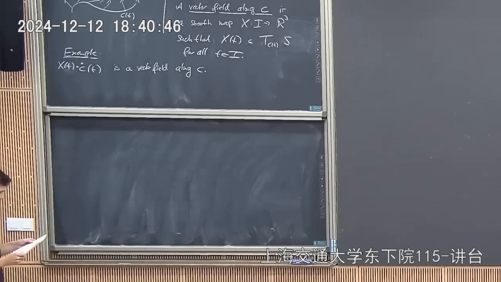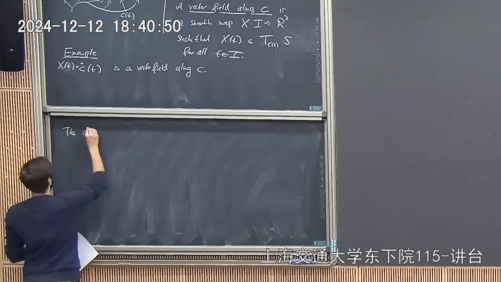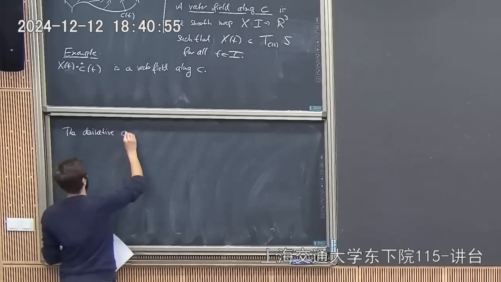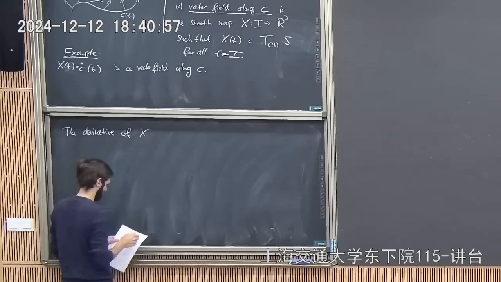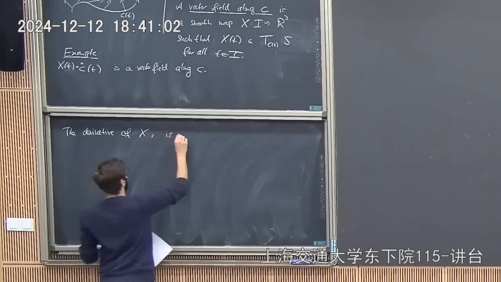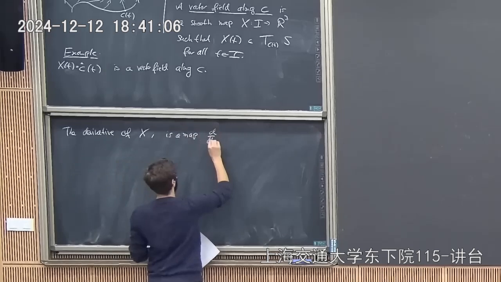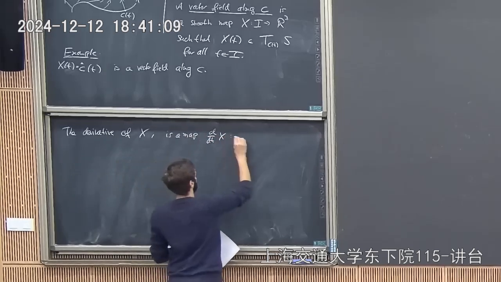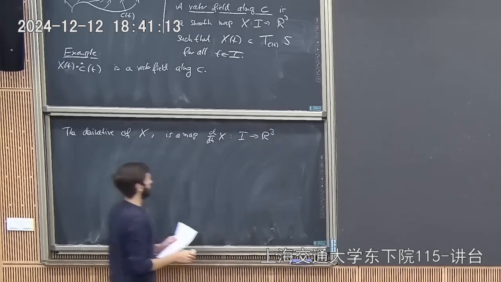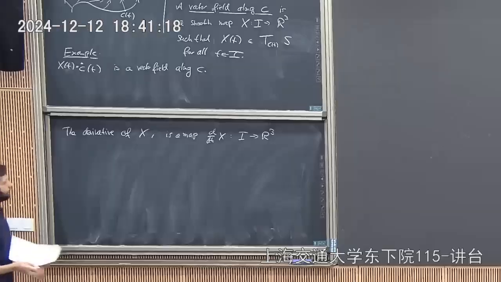And now the important observation is that the derivative of x, we just take the derivative with respect to t of x. That's again a map from some time instances to R3, so that's a vector.